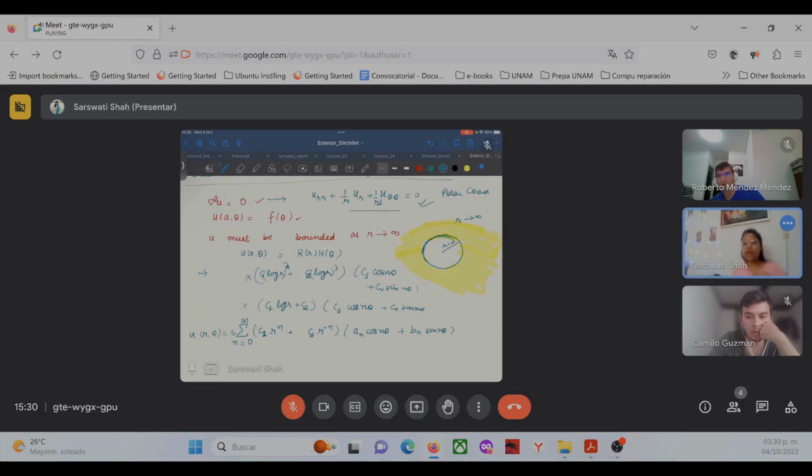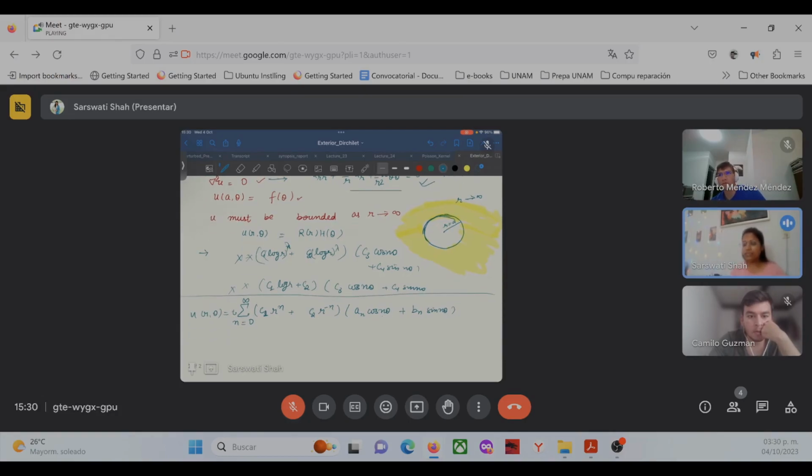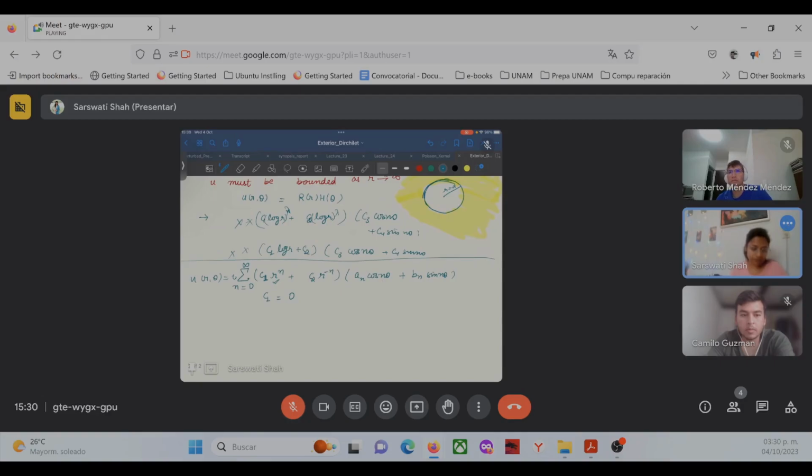Now when r tends to infinity, the solution must be bounded, so because of that we cannot take this. Now we are left with only one. Since u must be bounded as r tends to infinity, this should not be accepted, is it not? So C1 should equal 0 because u must be bounded as r tends to infinity.